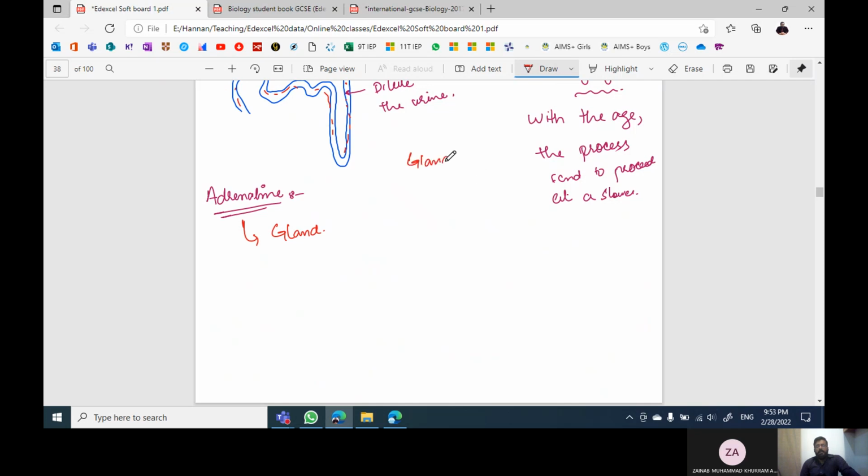A gland is any organ that secretes a chemical messenger, either exocrine, that is also a messenger, or endocrine. Adrenaline is secreted by a gland known as the adrenal gland.